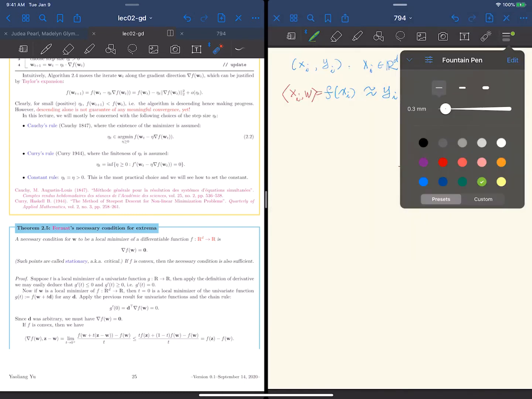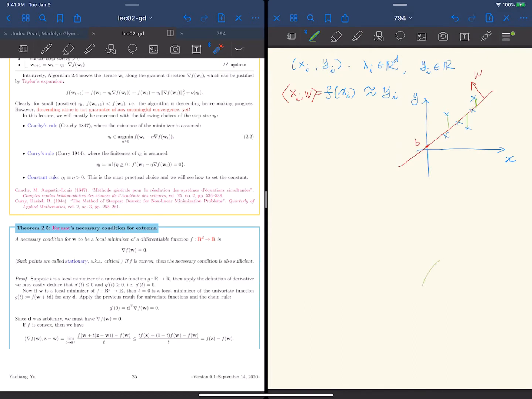Okay, so you can have a function like x cubic, and you have a point here. My drawing is not perfect. Right, so this point here, x cubed, if you take the gradient at 0, the gradient is 0.